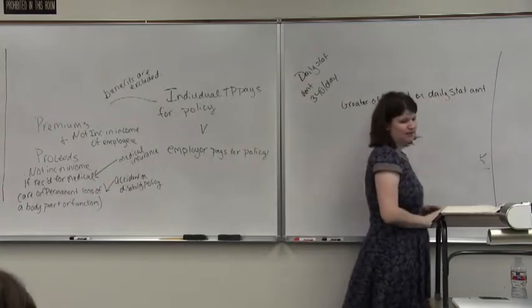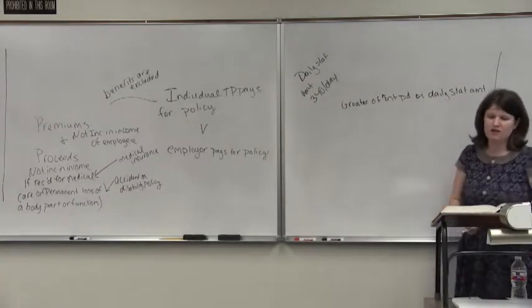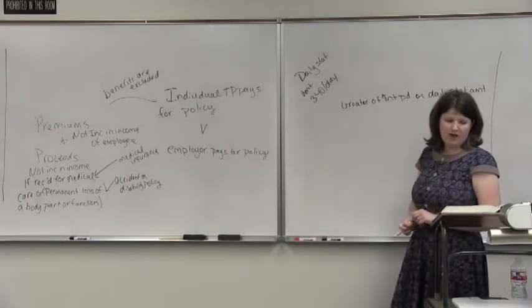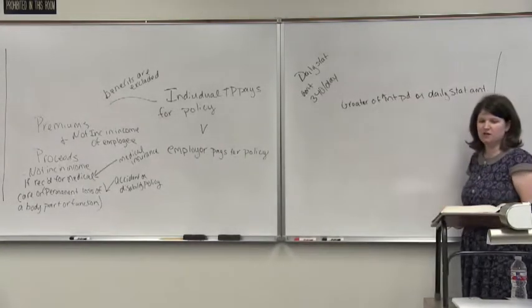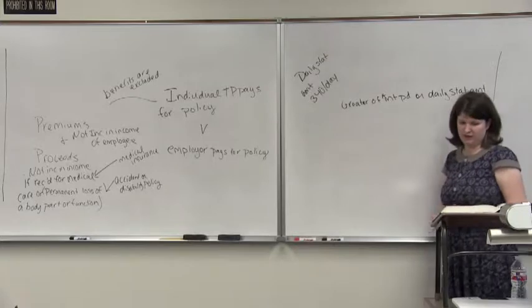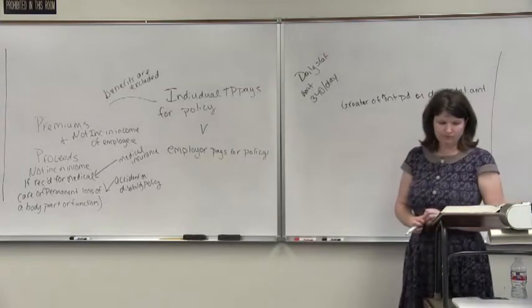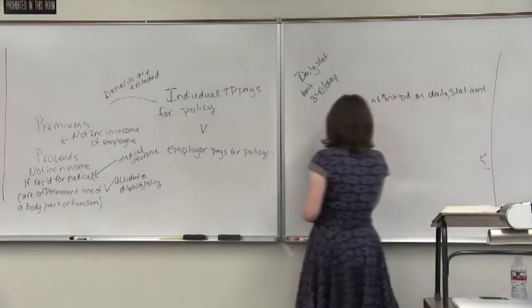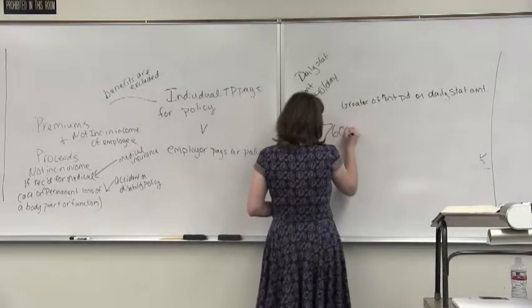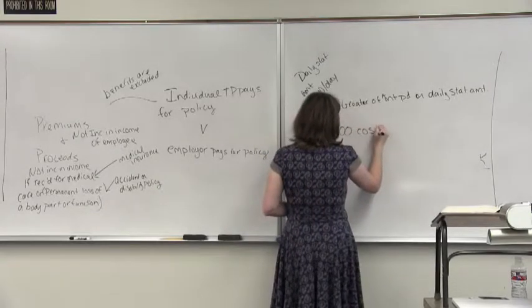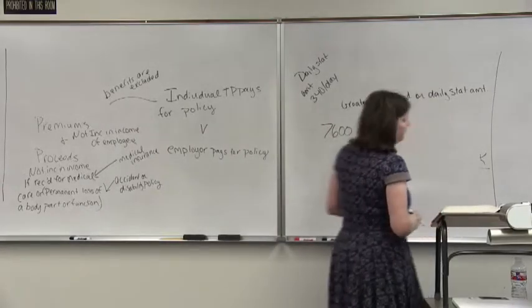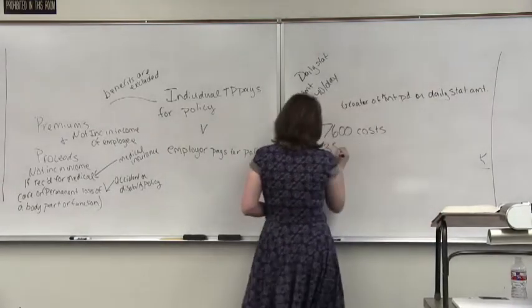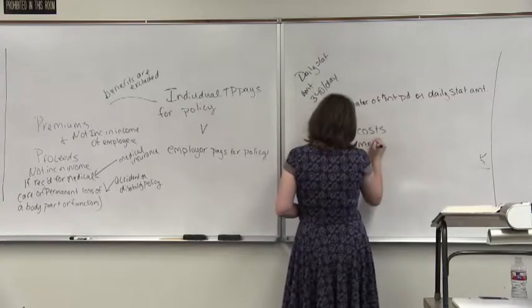So let's look at an example. This is example 17 on page 513. We have Hazel, who suffers from Alzheimer's disease, and she's a patient in a nursing home for the last 30 days of 16. While in the nursing home, she incurs $7,600 of costs, and she receives $3,500 from Medicare.